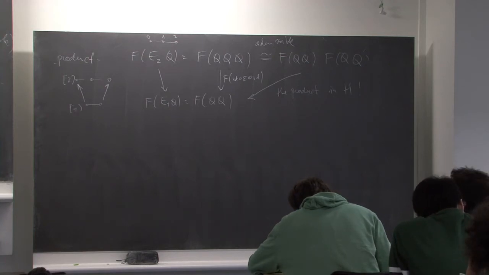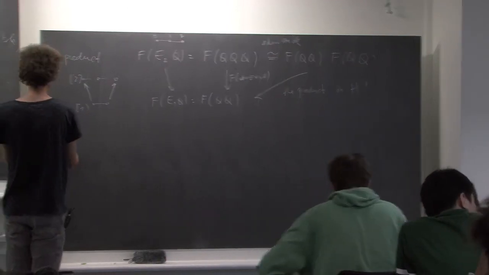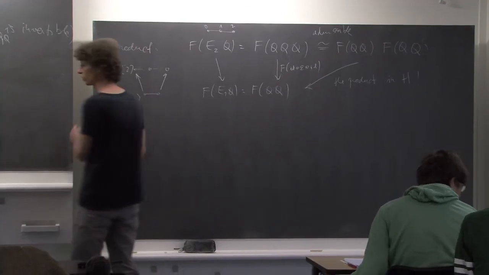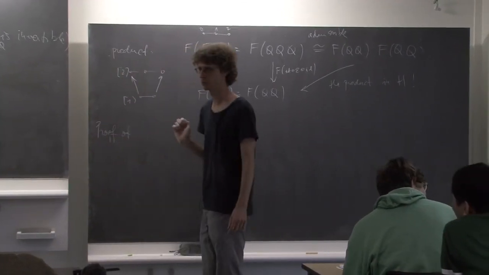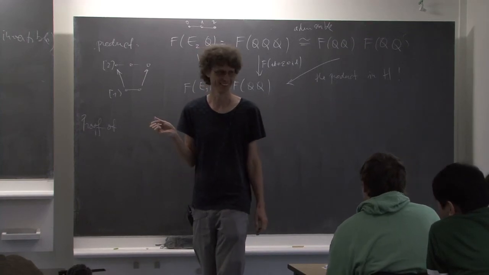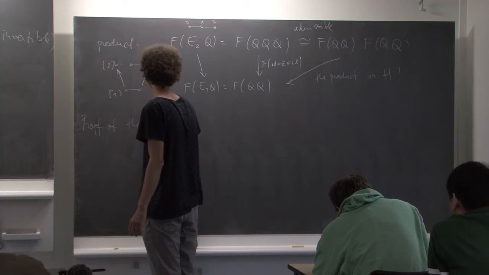And okay, so let me now prove it. Proof of, did I call it a theorem, or did I call it a proposition? The last thing. Theorem. Proof of the theorem.